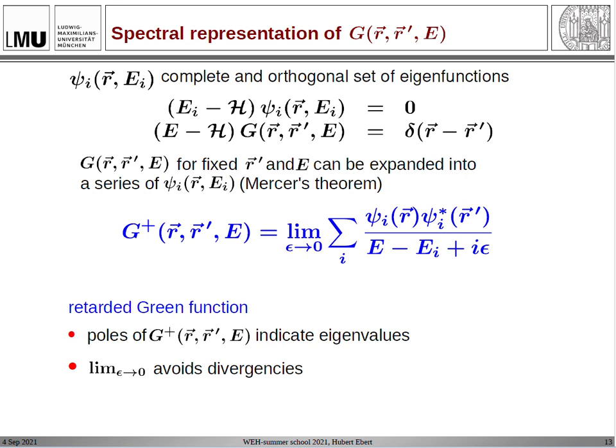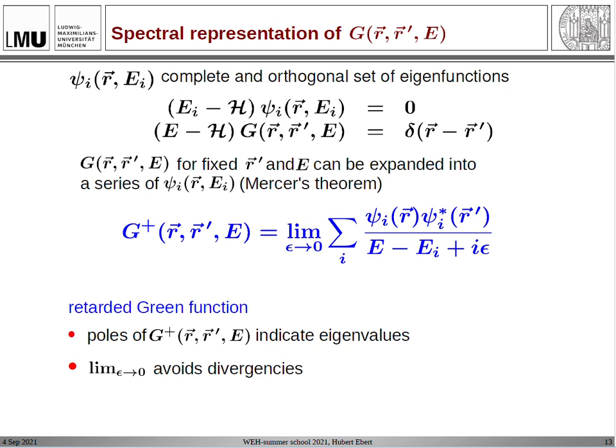So this I and this I are the same, but this I is the square root of -1. And so with that choice, with plus, we get the so-called retarded Green's function. And that means, in other words, we are always somewhat a bit above the real energy axis, going, so to say, a bit into the complex plane to avoid divergences. We come to that point later on once more.